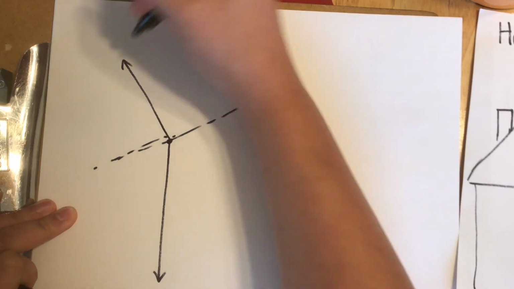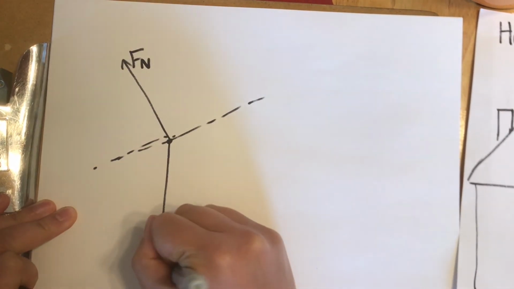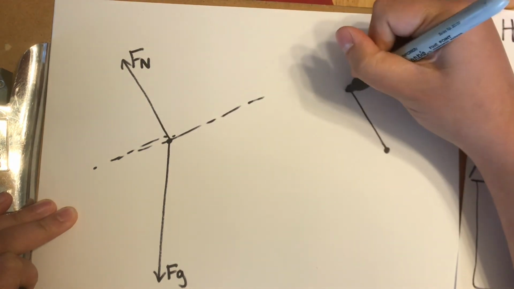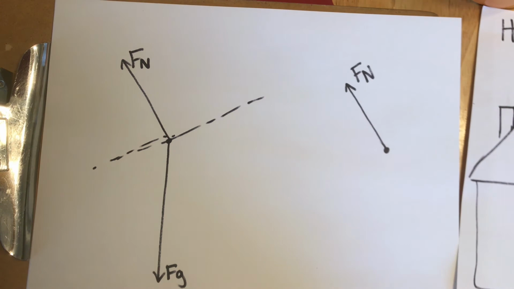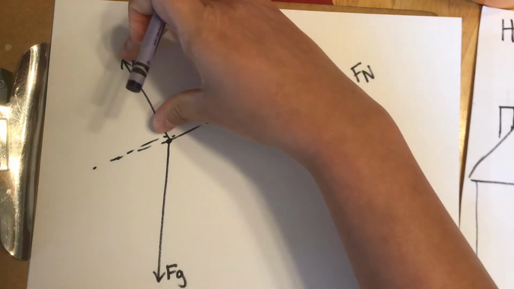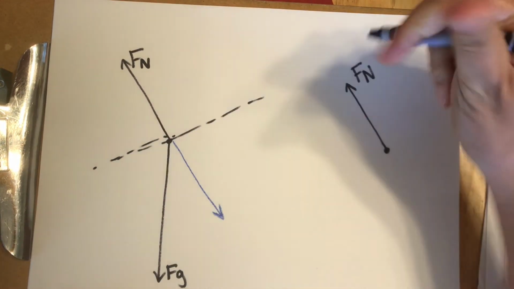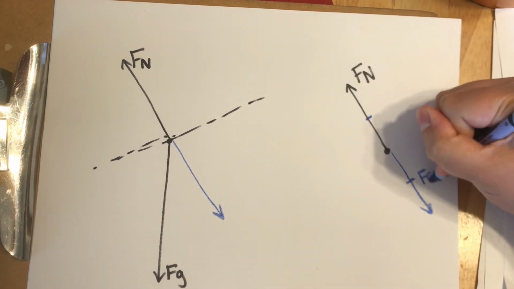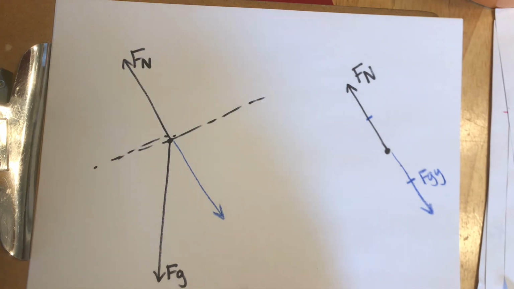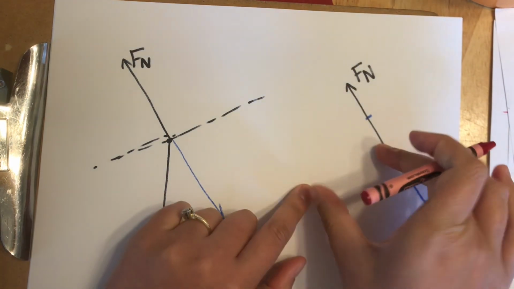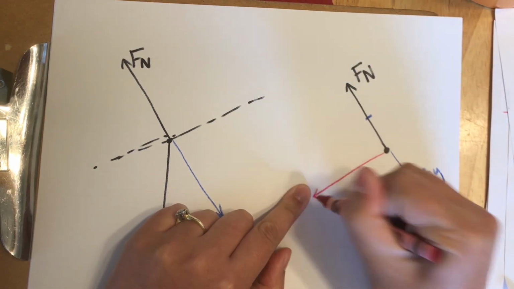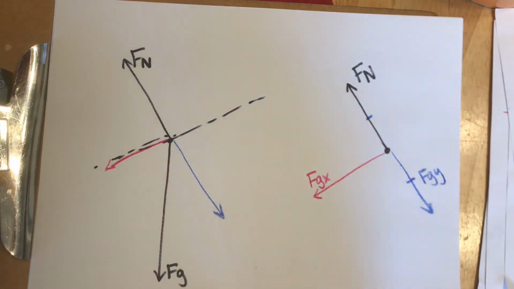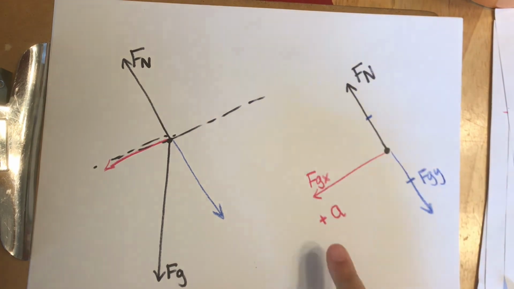So if I had to summarize this method, I would think to myself that our gravitational force is going to be broken up into components. The normal force is going to be perpendicular to my ramp and is going to be canceled by the y component of gravity, the one I've been drawing in blue, the FGY component. But I've been drawing the FGX component in red, and this component is going to be responsible for accelerating objects down a ramp.